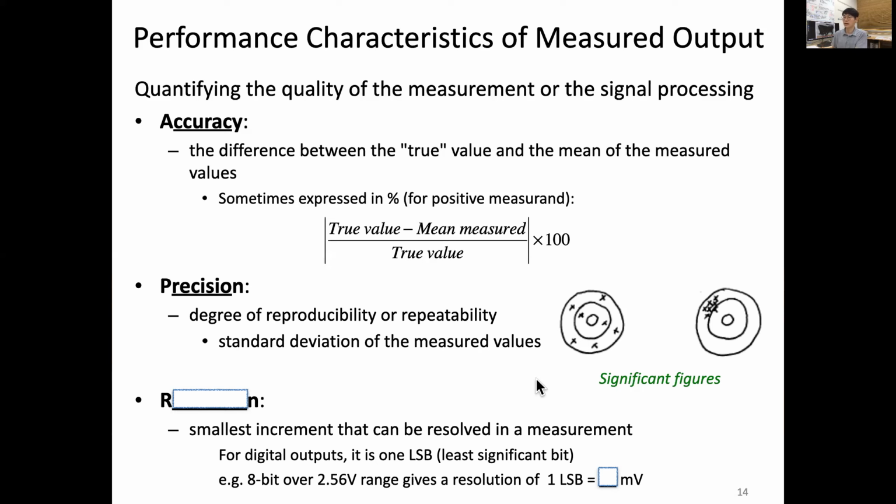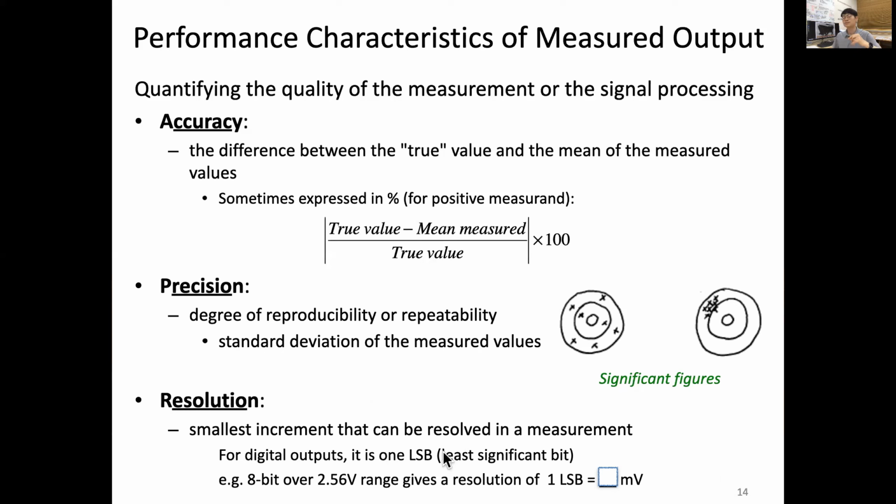Okay, the last thing I want to describe is, remember that discrete values give us a resolution. So resolution here, I will define as the smallest increment that can be measured in our measurement. For digital output, this is 1 least significant bit.